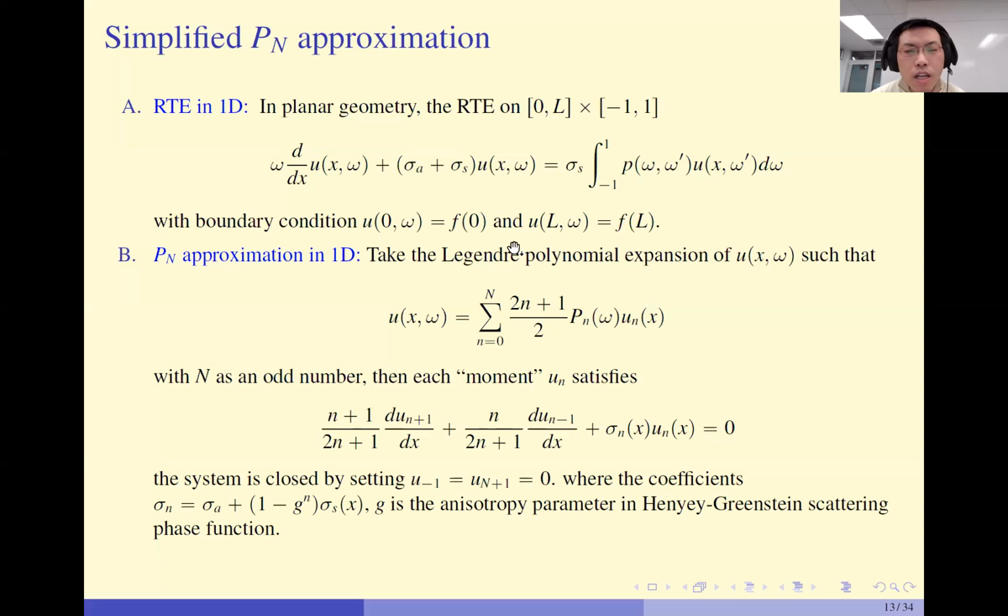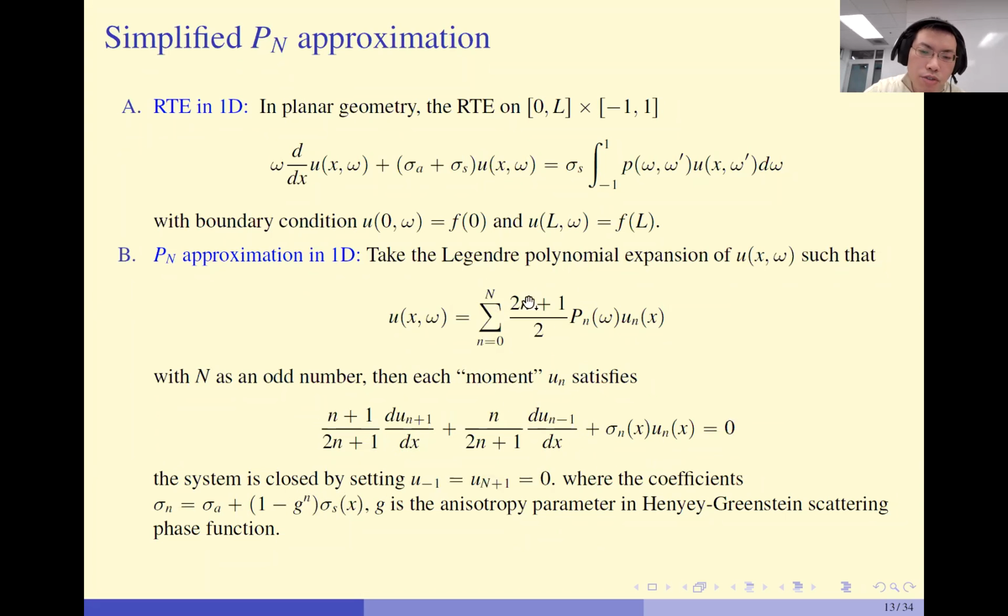Then the previous planar geometry radiative transport model becomes a coupled ODE system. If n goes to infinity, we have an infinite dimensional system. Even for a finite expansion, this is still difficult to solve.